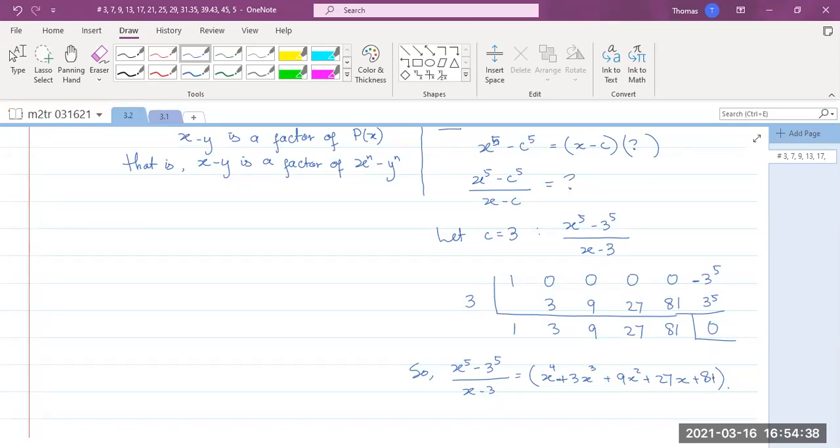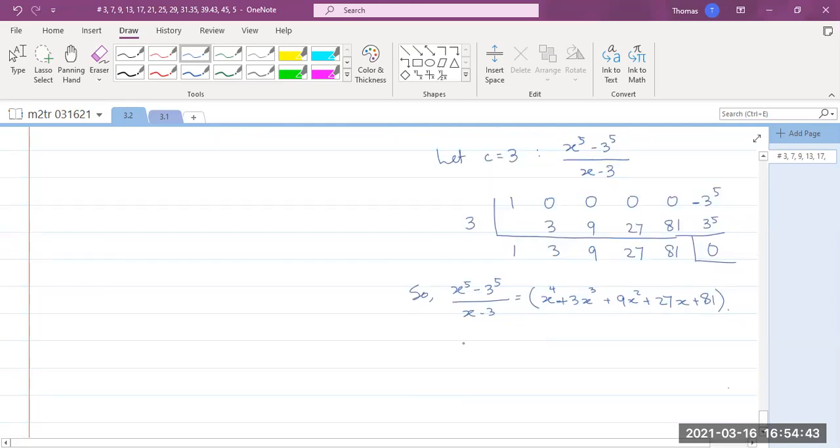Okay, now if we leave that c as c instead of changing it to 3, x to the fifth minus c to the fifth over x minus c equals to what? The synthetic division will be, this is c, 1, 0, 0, 0, 0, negative c to the fifth. So I change it back to c instead of a specific 3. So 1 times c is c, this is c squared, this is c cubed, this is c to the fourth, this is c to the fifth.